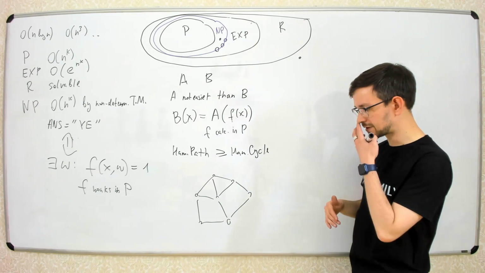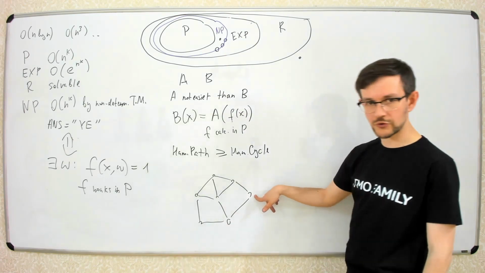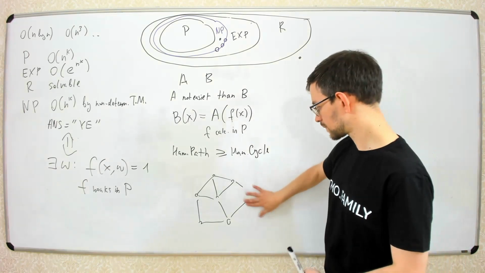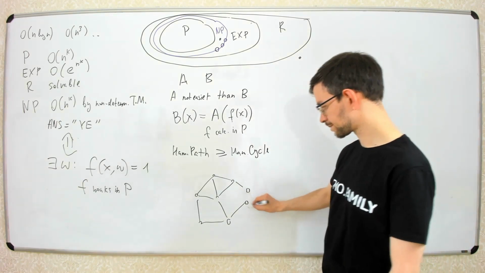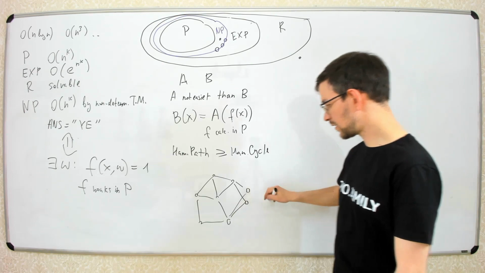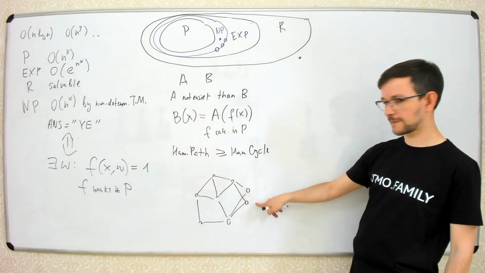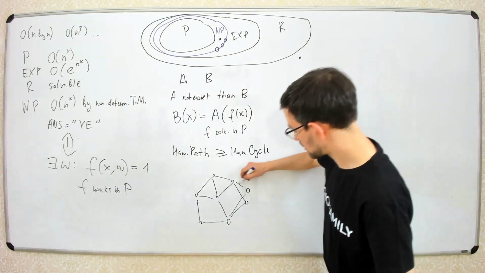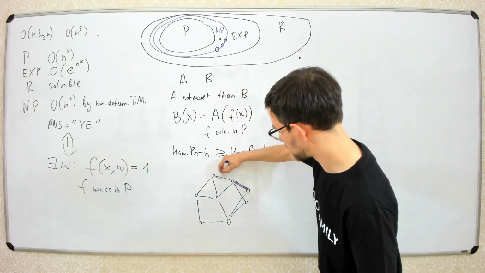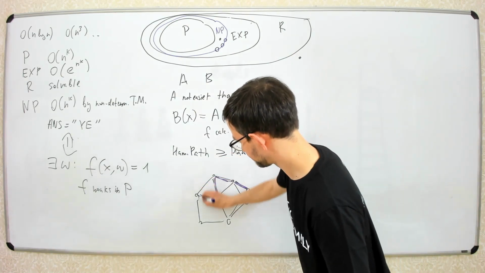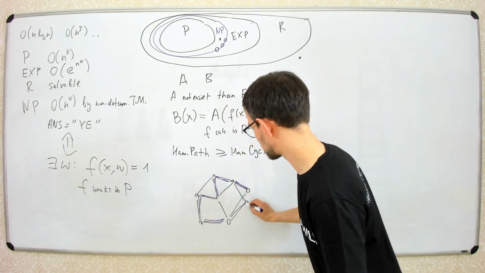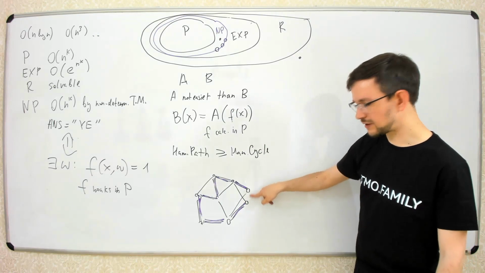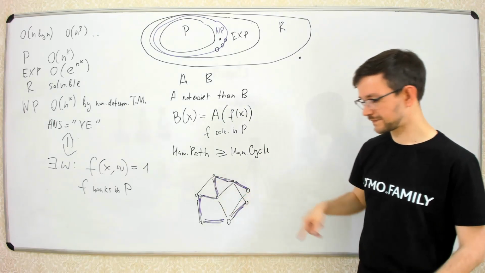Well, you can do it like this. You can take any node of your graph and double this node, making two copies of the same node. Now your Hamiltonian cycle is actually a path. If you look at your Hamiltonian cycle, now your cycle is split at this point, so you have this path.